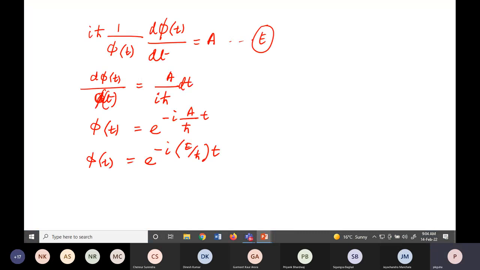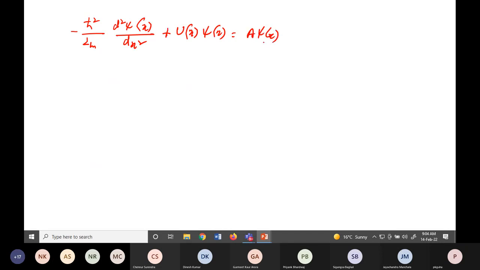So this is the solution of the time dependent part, and the space dependent part is this.